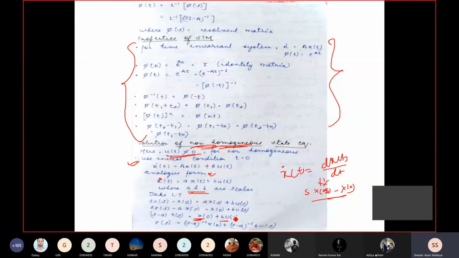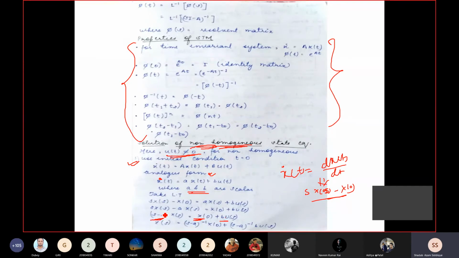In matrix multiplication, the dimensions should match. If we multiply s minus a inverse in between, in scalar it will not be any problem, but in matrix representation it will be very difficult to solve that particular matrix dimension. So you can just multiply it on the left hand side.